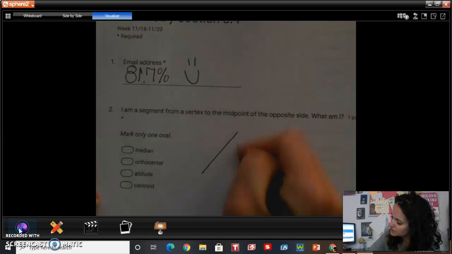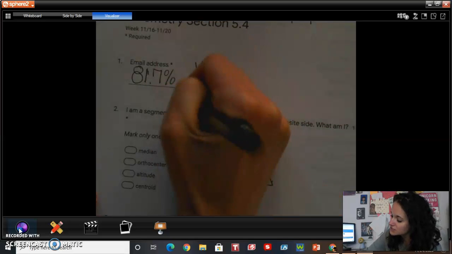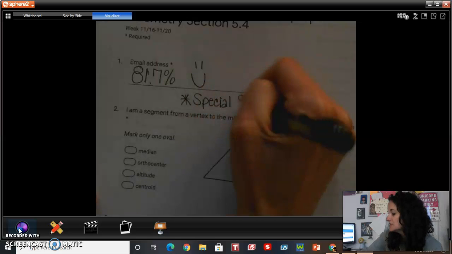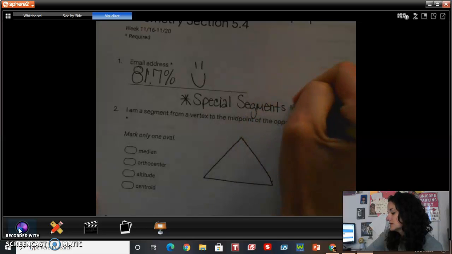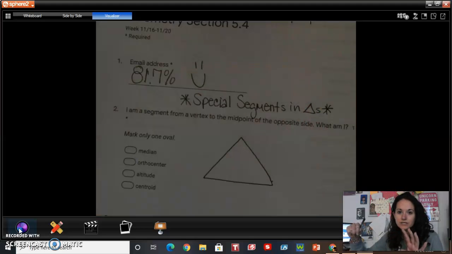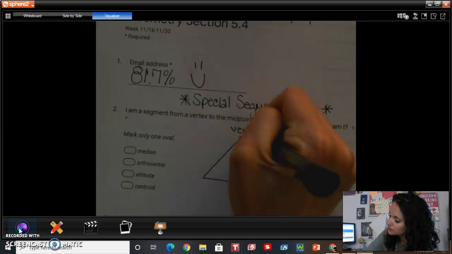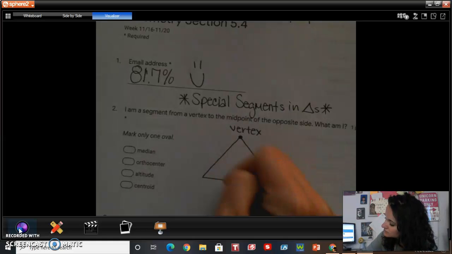So all of these are dealing with special segments and triangles. Okay, we have 4 of them that we're dealing with total, but 5.4 is just dealing with one of them. So if we're going from a vertex, remember a vertex is going to be one of the general 3 points that creates the triangle, to the midpoint of the opposite side, like so.